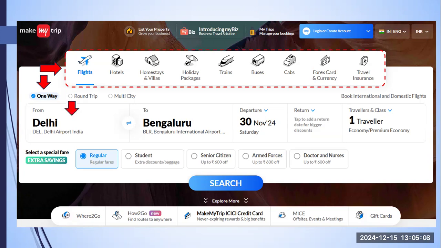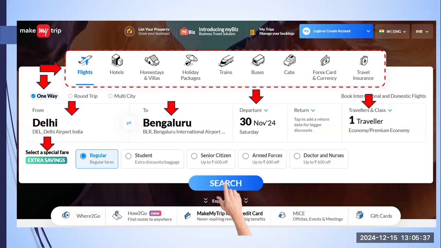And then from where to where you want to travel, then the date, then how many passengers there would be. And after that, the regular fare, student fare, if you are a student you will get some discount on baggage, and if you are a senior citizen you will get some rupees off. Here 600 rupees, armed forces 600 rupees, and doctors and nurses 600 rupees off.